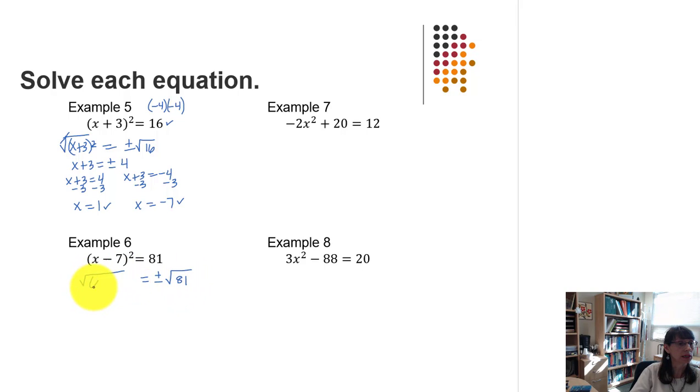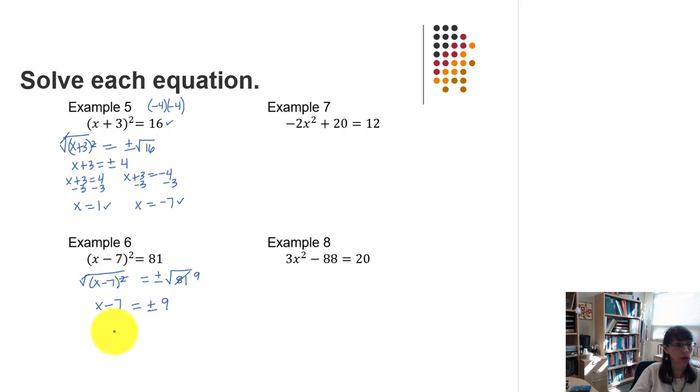So we have a quantity of x minus 7 squared under the radical, so the opposite operations are canceling each other out, releasing x minus 7 from the radical, equal to plus or minus the square root of 81. Again, 81 is a perfect square. We know that will clear the radical as 9. So our equation now is equal to plus or minus 9.